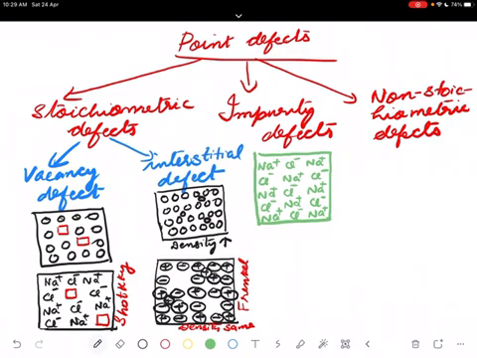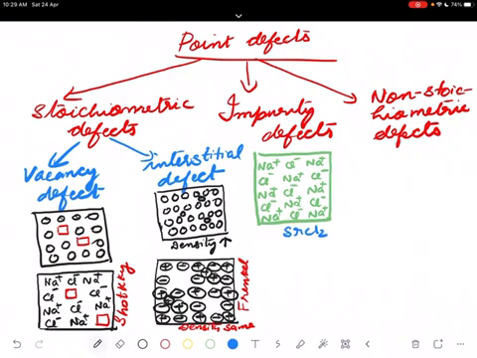Since it is an ionic solid, electrical neutrality is to be maintained. Suppose solid NaCl is obtained by the crystallization of molten NaCl. When this molten NaCl is mixed with some SrCl2, what happens?